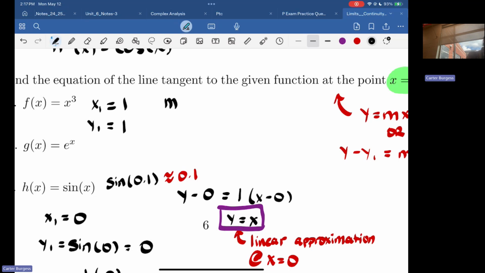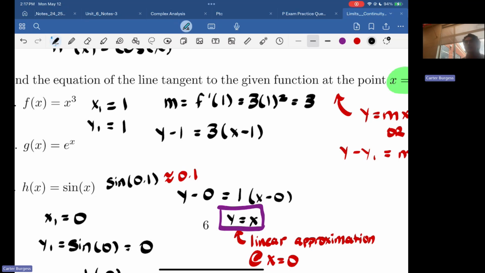And then what is the slope if I'm trying to do f prime of 1? 3 times 1 squared, which is 3. Just 3, right? Square first, then multiply. And so the equation to our line is y minus 1 is equal to 3 times x minus 1. You could simplify this. I don't really need us to.